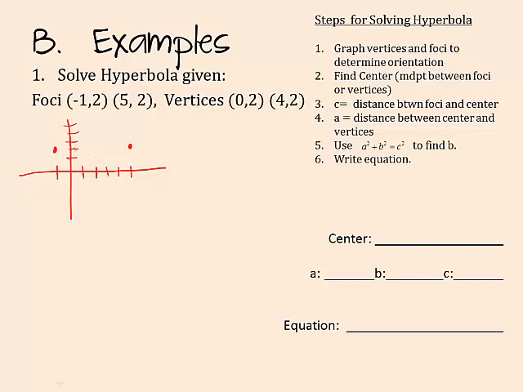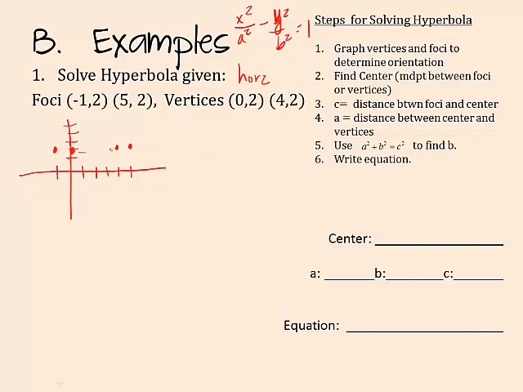Vertices are at 0, 2 and 4, 2. If I draw a straight line through this, is it horizontal or vertical? It's horizontal. So I know it's going to be x squared over a squared minus y squared over b squared equals 1.